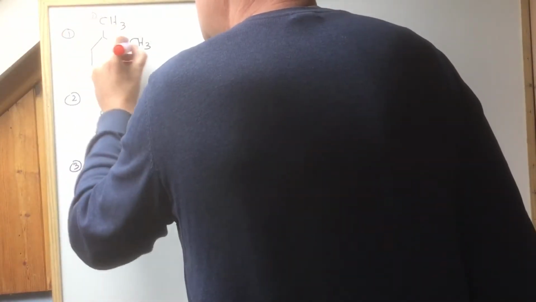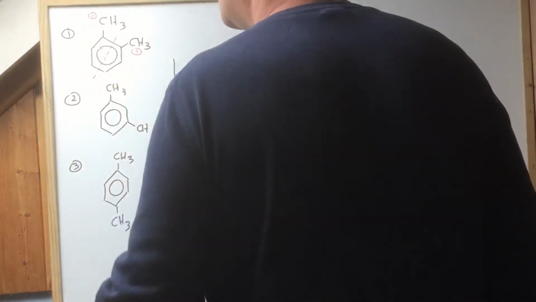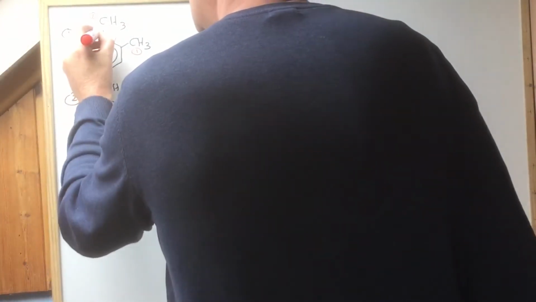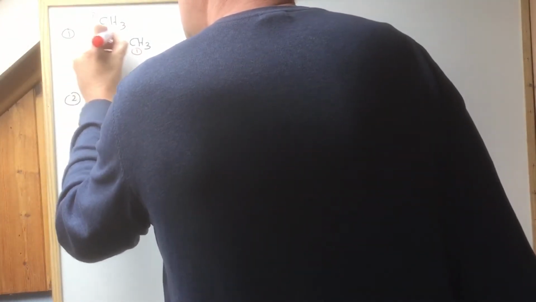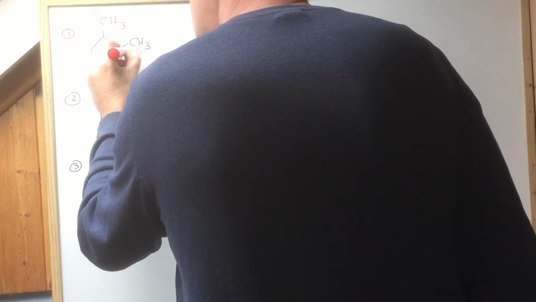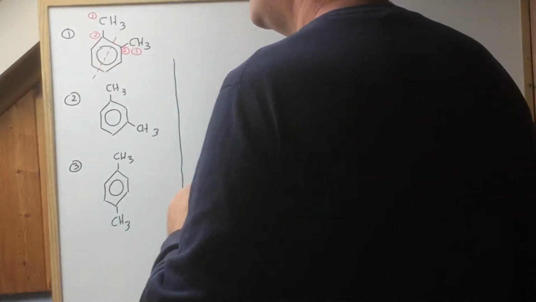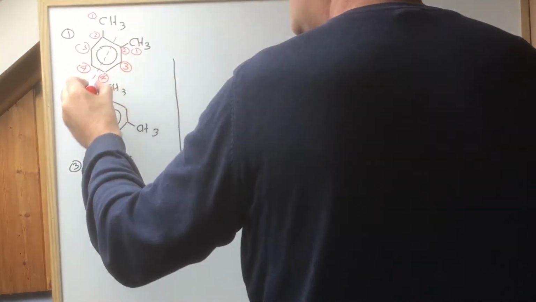At the end of the day, that carbon there and that carbon there are the same. That carbon there and that carbon there are the same, if you take that as your line of symmetry. I'm tilting my head to get this right. 3, 4, 4. Literally a mirror image each side of that dotted line.